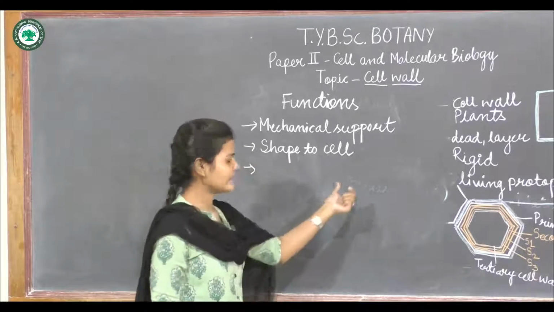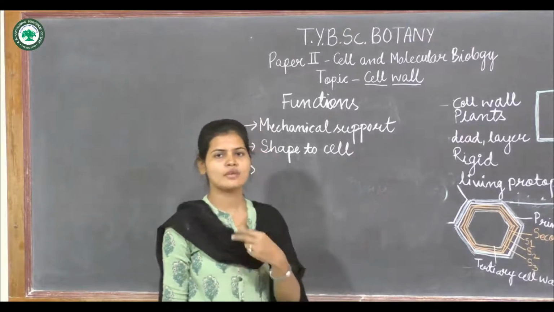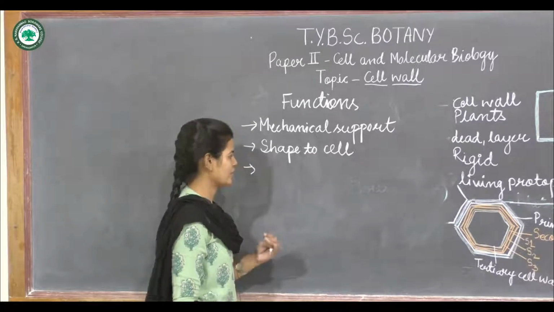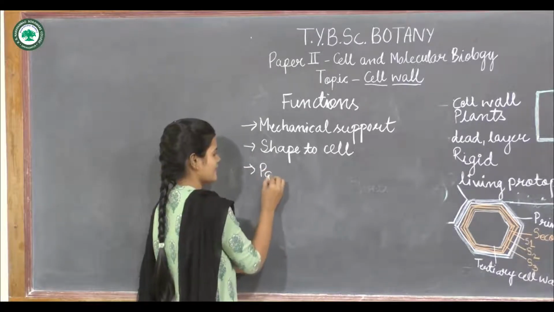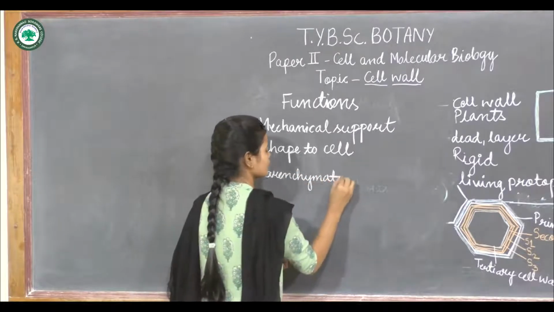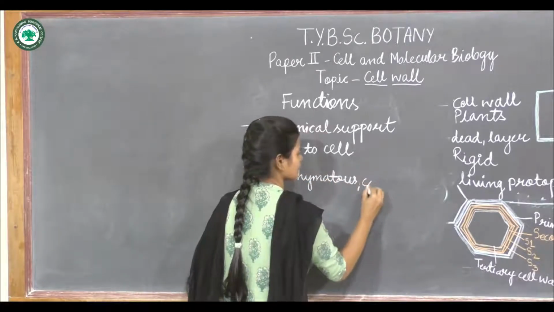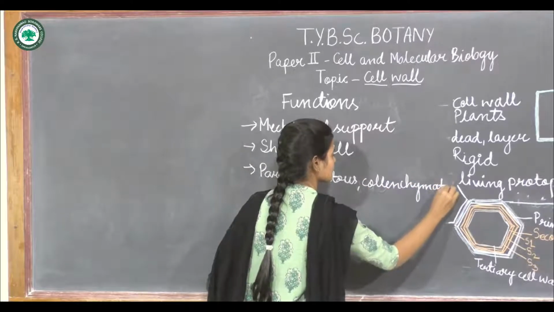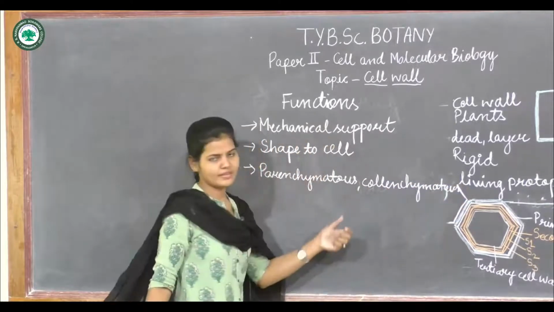And as it gives shape to the cell, there are different plant cells which are distinguishable, like parenchymatous cell, collenchymatous cell, and so on.